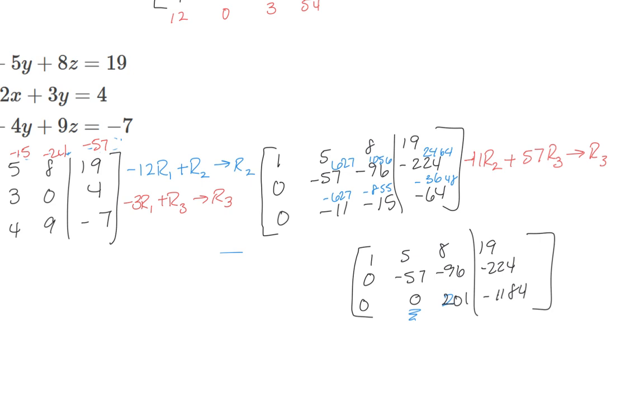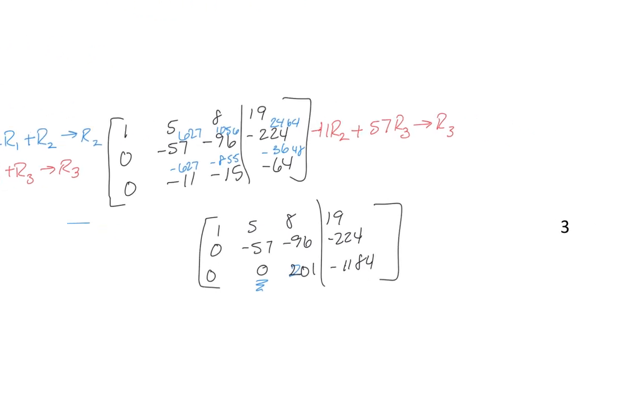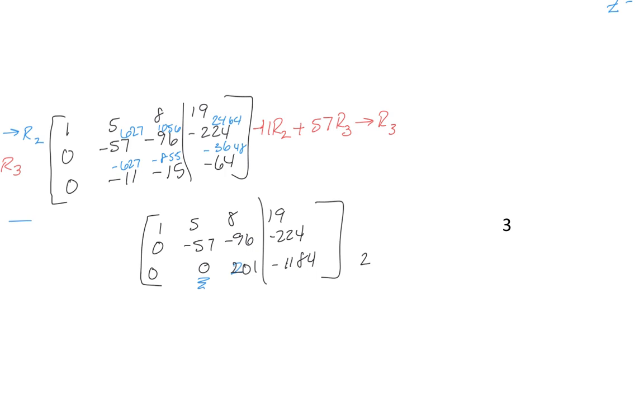I'm going to divide that by 201. So I get 201z is equal to a negative 1184. So z is a negative 1184 divided by 201. I'm going to write that as negative 5.891. I'm going to back substitute it here.